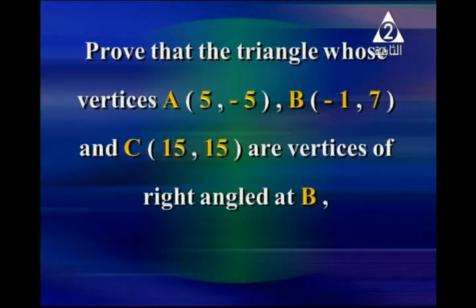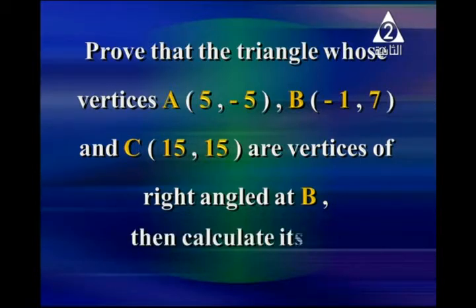Prove that the triangle whose vertices are A (5, -5), B (-1, 7), C (15, 15) is a right angle triangle at the point B. Then calculate its area.